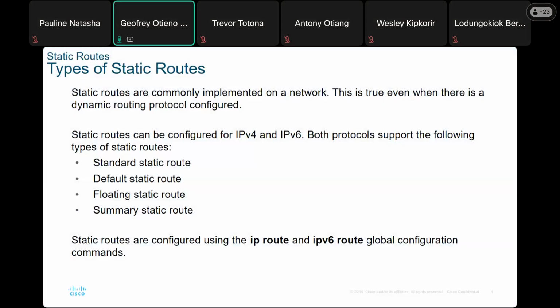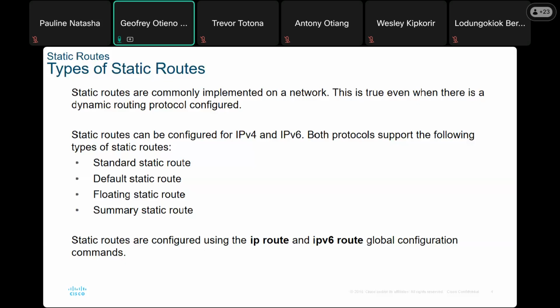Both 4 and 6 should support these types: standard static route, default static route, floating static route, summary static route. All of them will be set.